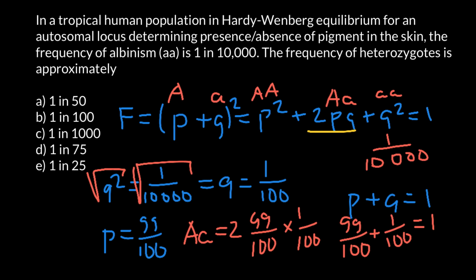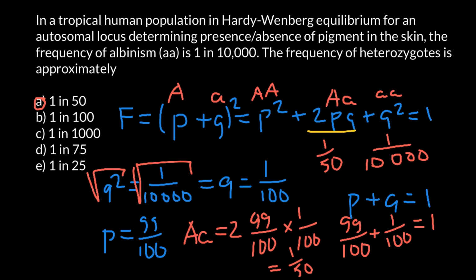So we get 99 divided by 100 and multiplied by 2. Basically that means approximately 1 over 50. This is going to be the frequency of the heterozygous genotype in this population, and as you see, this is answer A.